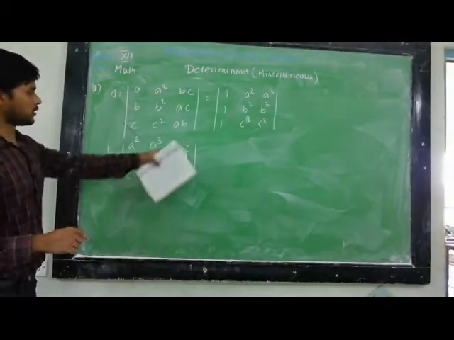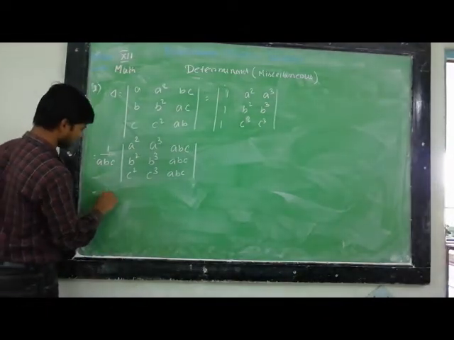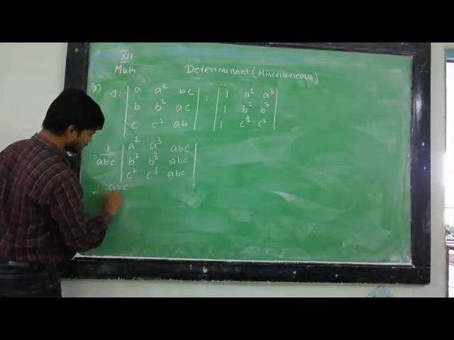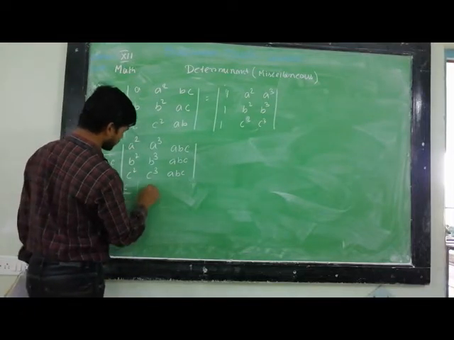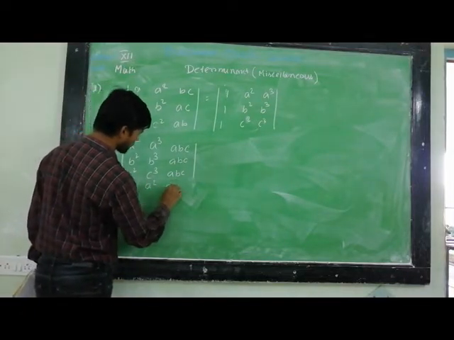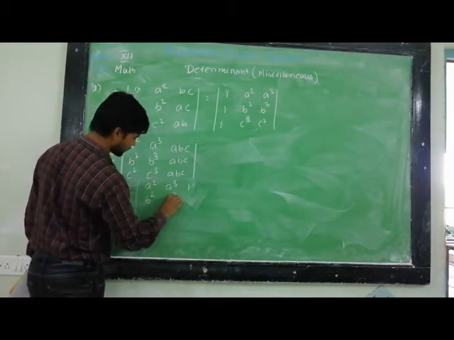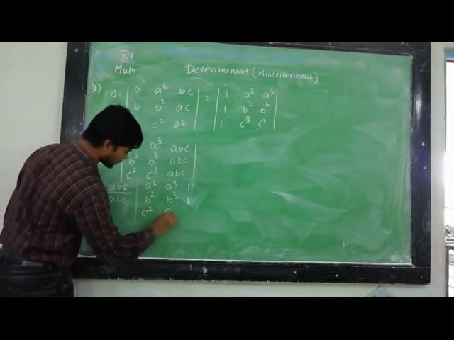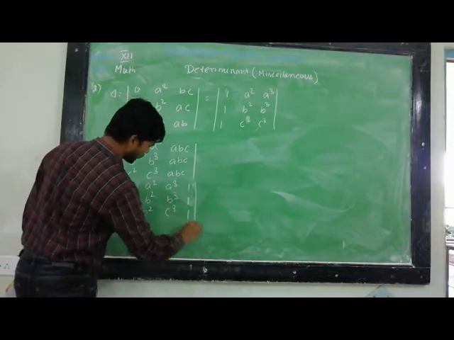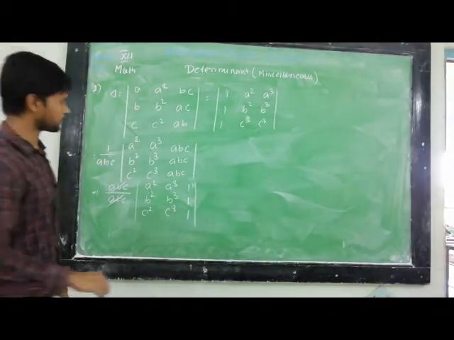Now if I take abc common from the third column, it will be abc by abc into the determinant of a square, a cube, 1; b square, b cube, 1; c square, c cube, 1, and this abc and this abc will cancel each other.